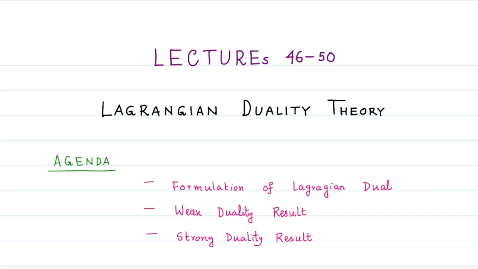After knowing this weak duality result, we shall immediately know a few corollaries, where we will find that if you have obtained a pair of feasible points of the primal and the dual where the primal and the dual objective function values are identical, then that pair of feasible points will give us respectively the optimum value of the primal objective function and the optimum value of the dual objective function.